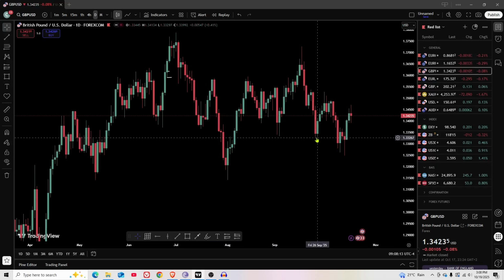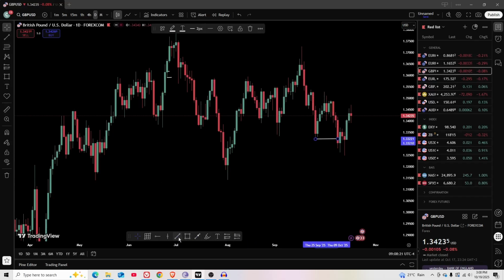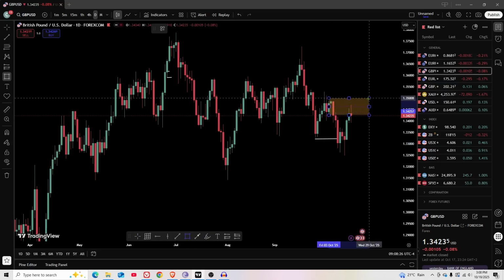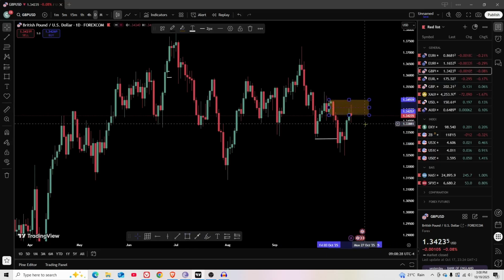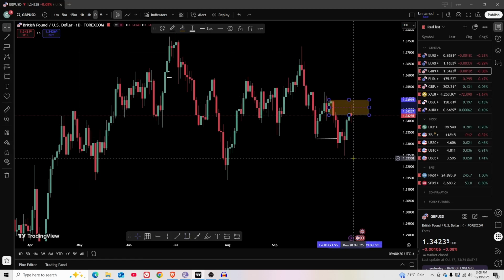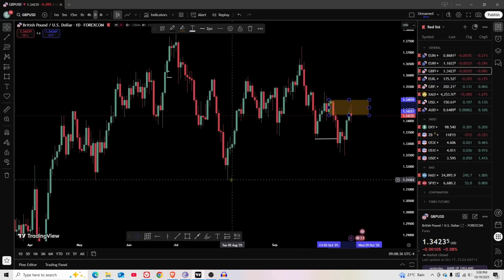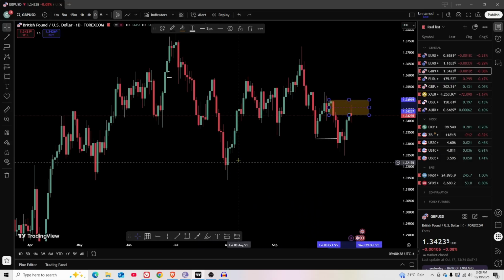The market has taken out this low, and at the moment we have pulled back into this order block over here, and we are on our way to the downside. I'll be targeting this fair value gap, then this low, then furthermore I'll be going to those lows.